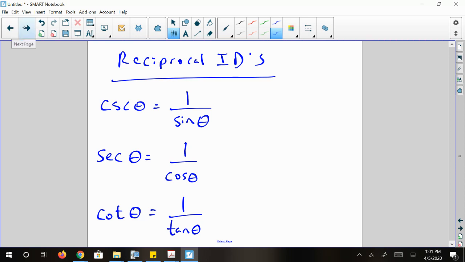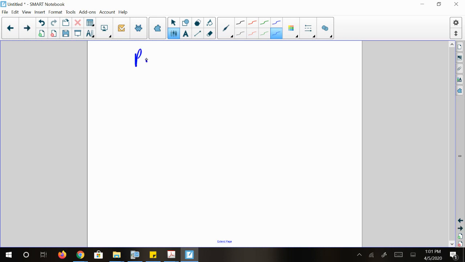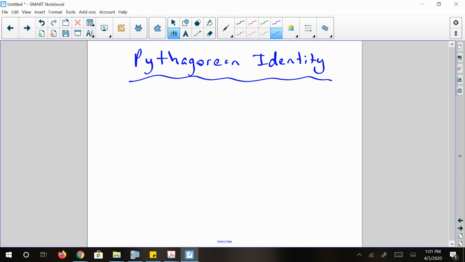All right. The last big set here, and then you can do any problem that I give you, is the Pythagorean identity. The Pythagorean identity comes directly from the Pythagorean theorem. I laid this out when we were doing the law of cosines, but I'm going to go through it again right here.